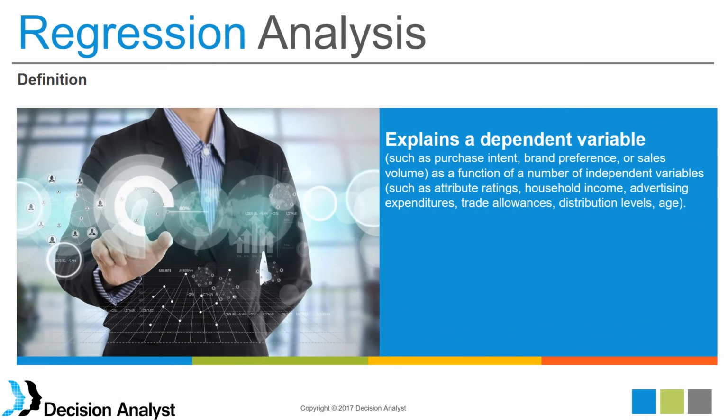So enters regression analysis, and this attempts to introduce a more modeling framework around key driver analysis. So regression attempts to explain a dependent variable, which is our outcome. And it's a function of predictors, which are usually our attributes.